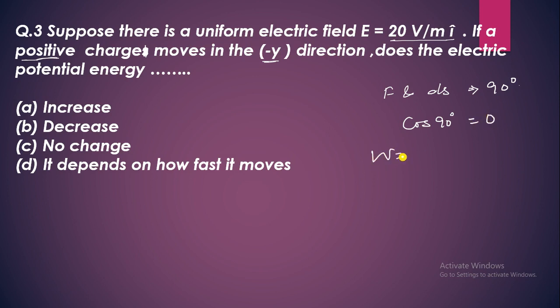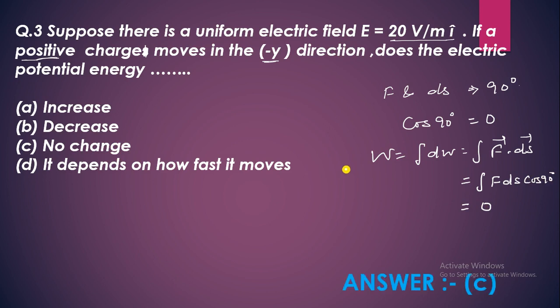So work done dW is equal to F dot ds, that is F ds cos 90 degree, which is equal to 0, meaning there is no change in the potential energy. So the answer of this question is option C.